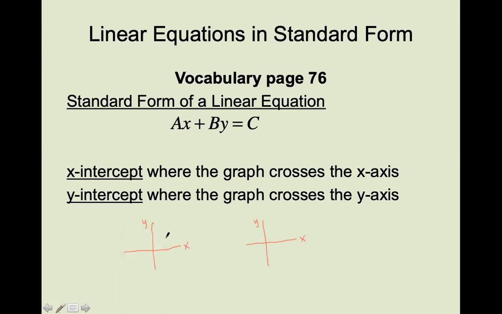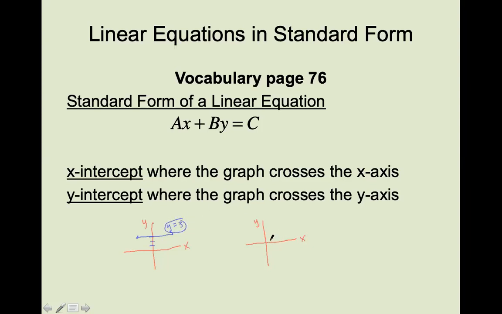So if I have just some number in here, and let's just make this line at +3. This would be the line y equals 3. So if you have a horizontal line, it's always going to be in the form y equals something.